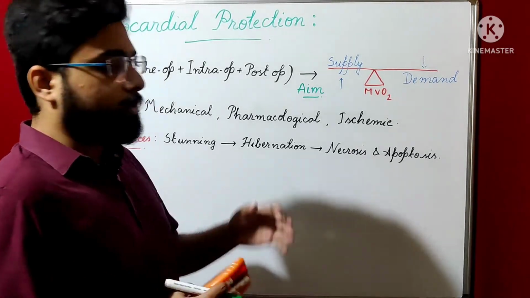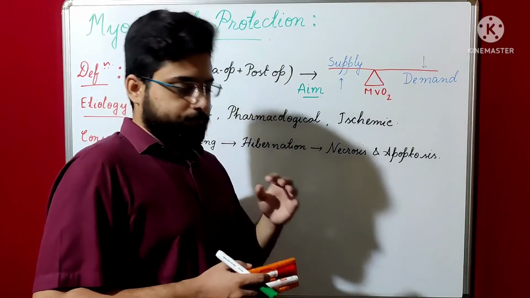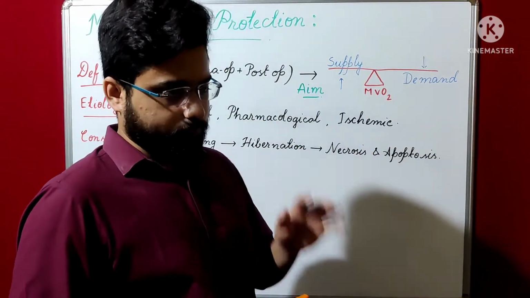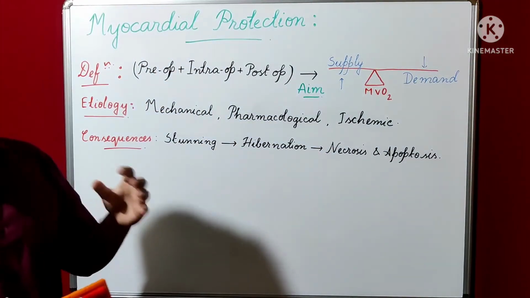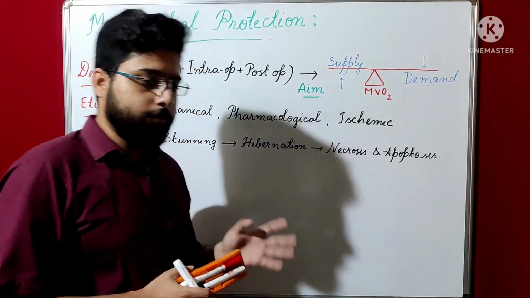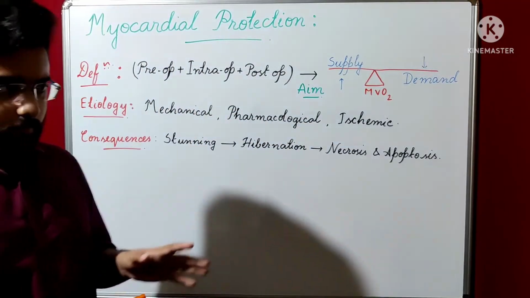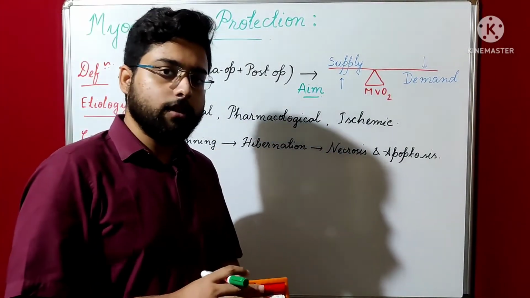So we have to protect the myocardium, so that after completion of surgery the recovery of the patient becomes smoother, and the postoperative quality of life becomes as good as the preoperative quality of life.